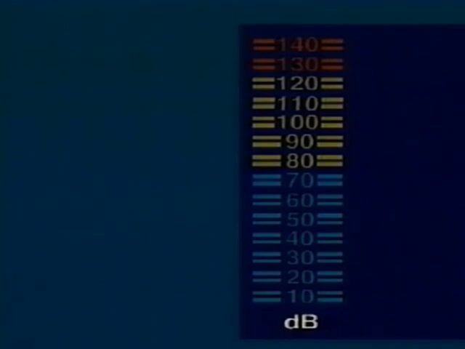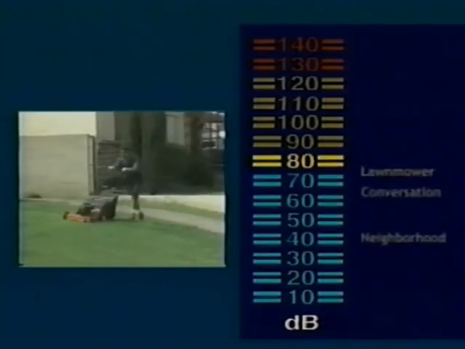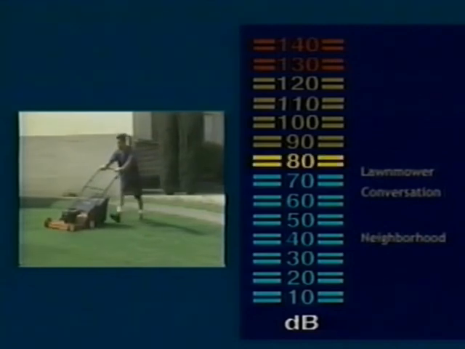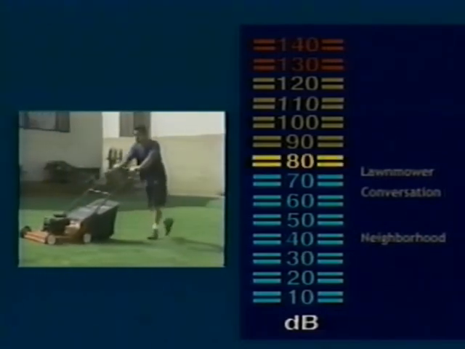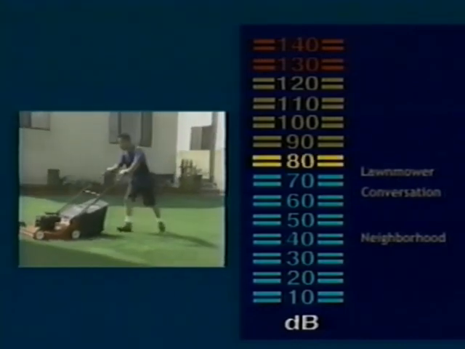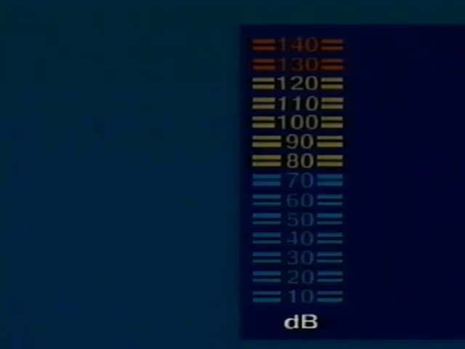A gas lawnmower 31 meters or 100 feet away will create a sound level of approximately 75 decibels. A diesel truck 15 meters or 50 feet away, traveling at highway speeds, will achieve a maximum level of 85 decibels.